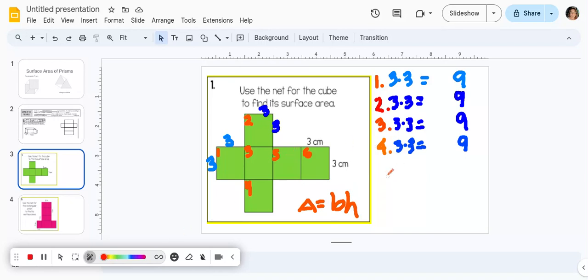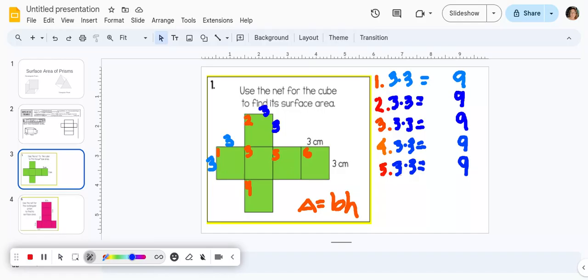Shape number 5. Oops, I want to keep the same color. It's going to be 3 times 3. That equals 9.